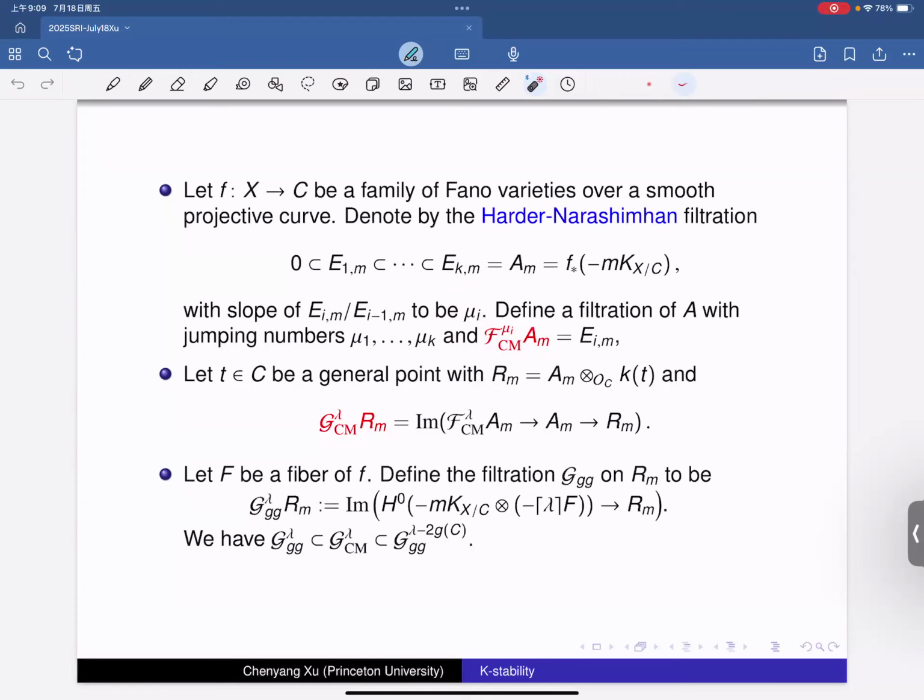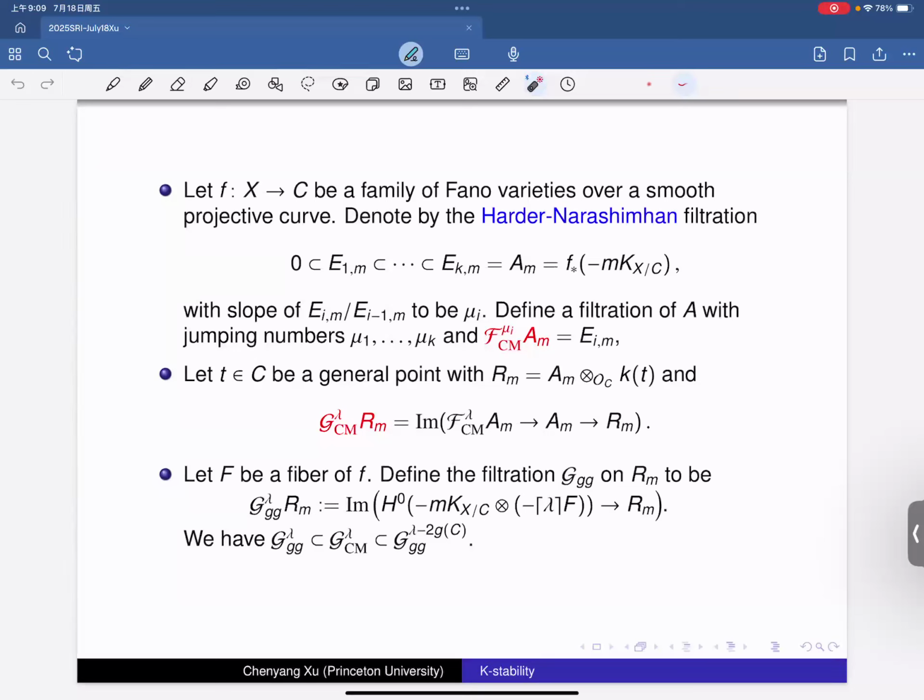If I want to define a filtration for a single Fano variety, I just look at the image. It's a little bit similar to what I did yesterday. I look at the filtration of the vector bundle, and then I restrict to one fiber, which will be, of course, just the coordinate ring of the corresponding Fano variety.